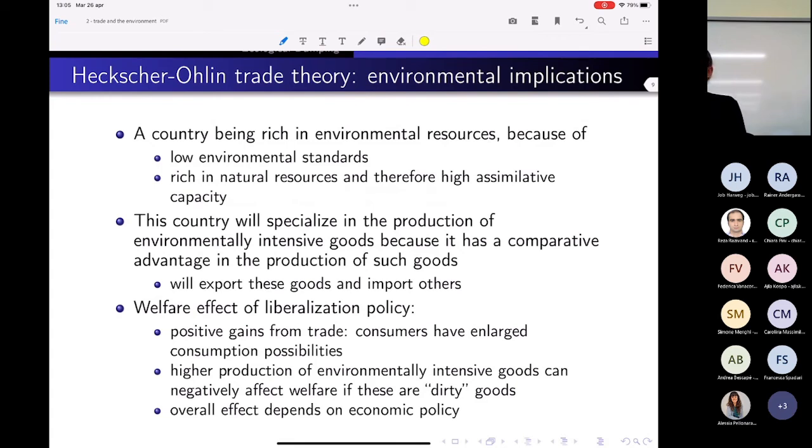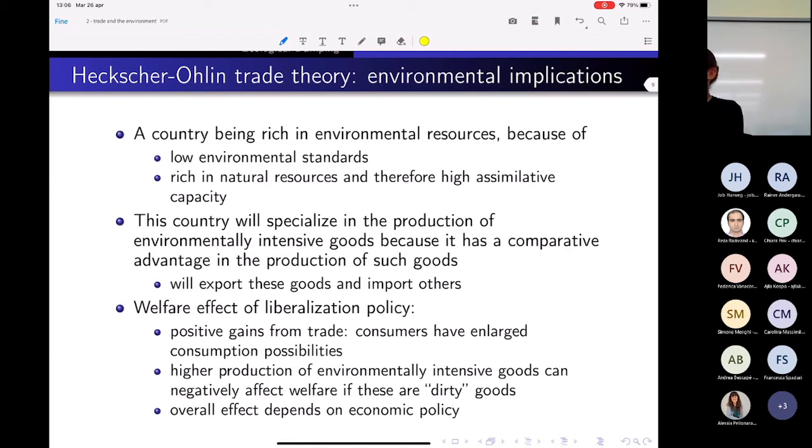Remember, according to the Heckscher-Ohlin theory, what matters for trade and for production? Because here we also try to analyze the production structure of our economy. So what will be produced in our economy and what will not be produced? What will be produced abroad? According to this theory, what you're going to produce at home depends on the factors of production, and in particular the endowment of these factors of production.